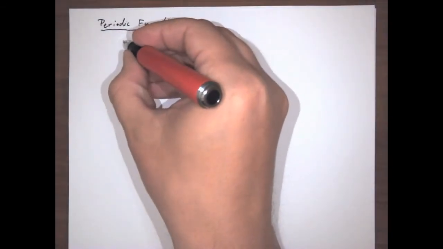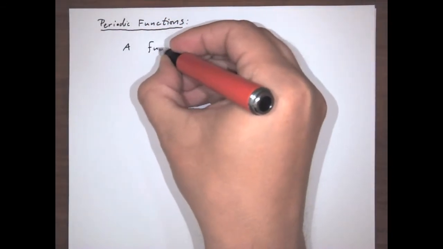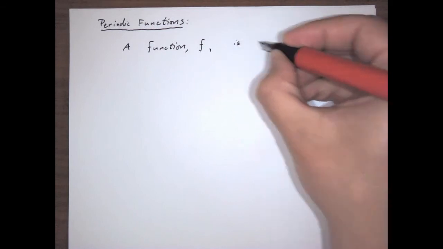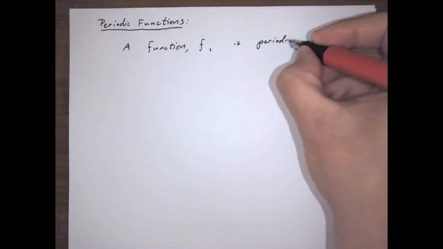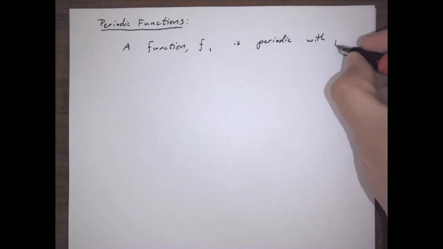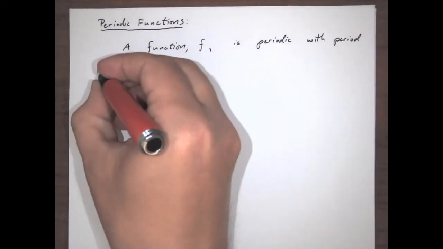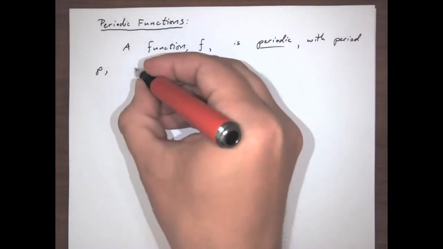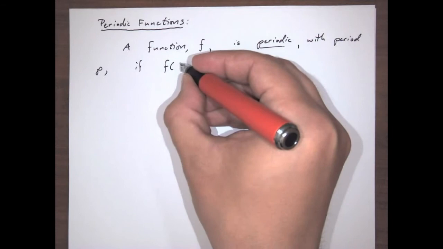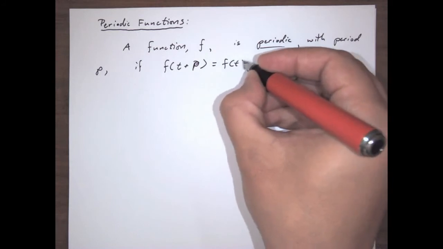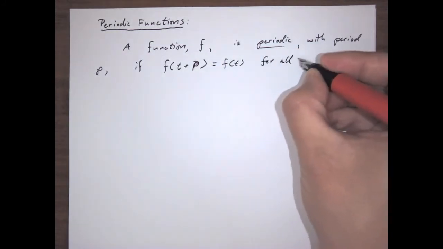So first off, the definition of a periodic function is: a function f is periodic with period p if f of t plus p equals f of t for all t.